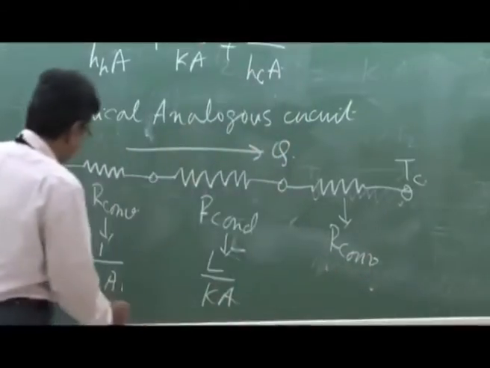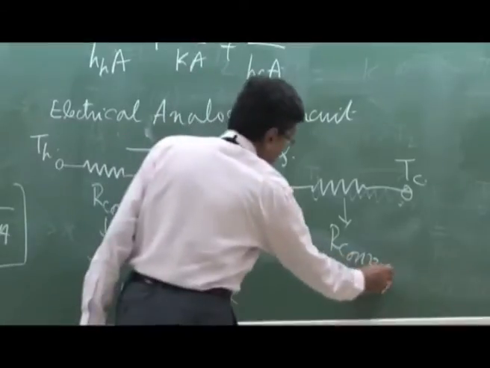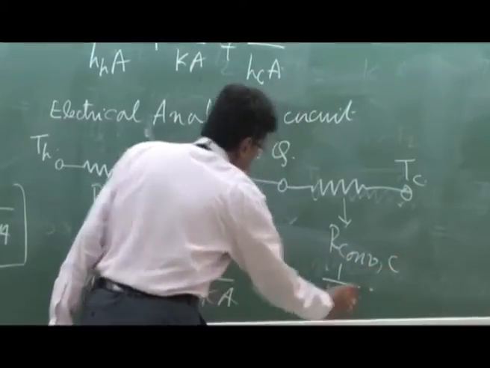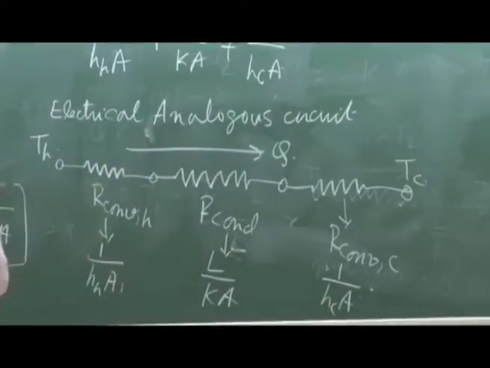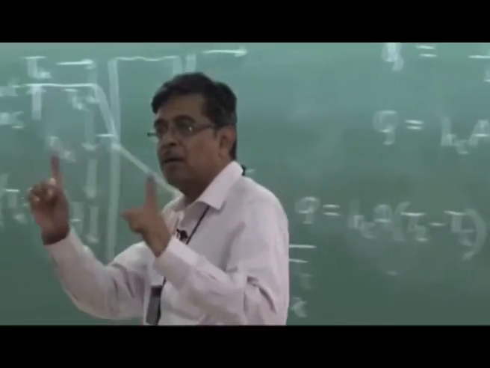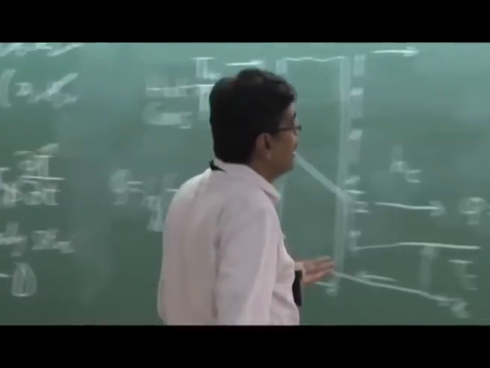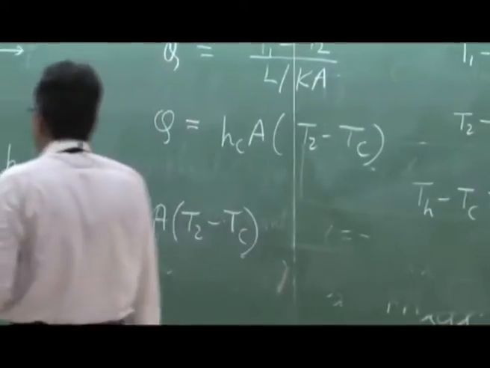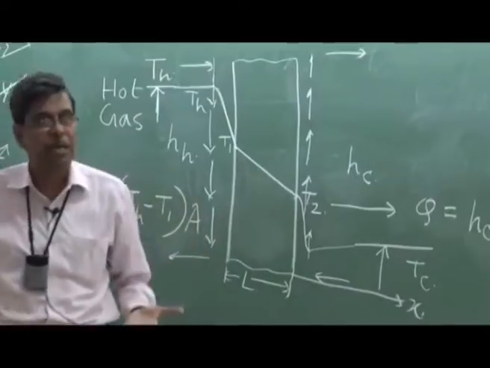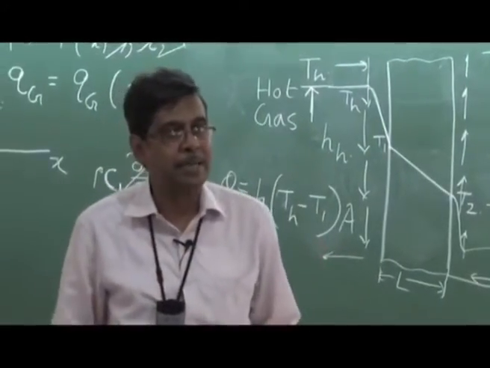So we can write R convection hot side and R convection cold side, which is 1 by HCA. Therefore, the sum of the resistances will be in the denominator and in the numerator is the overall potential drop. And if we know each resistance component, you can find the intermediate potential or temperature. These are the most simple cases.